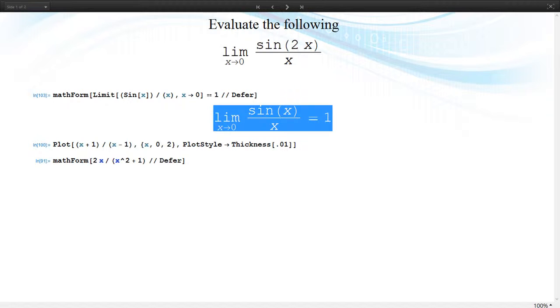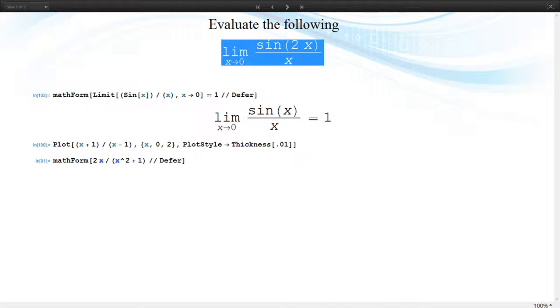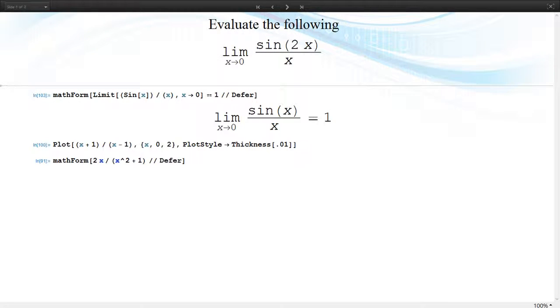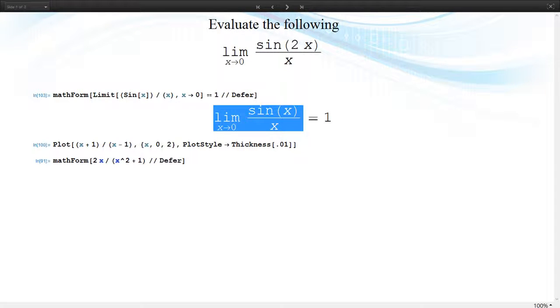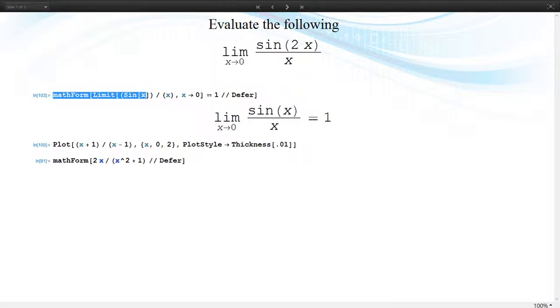So knowing this and looking at this, we see that there's a big similarity. The problem is that this number does not match that one. But we can manipulate this limit so that we can use this limit that we know exists in its calculation. So let us do exactly that.